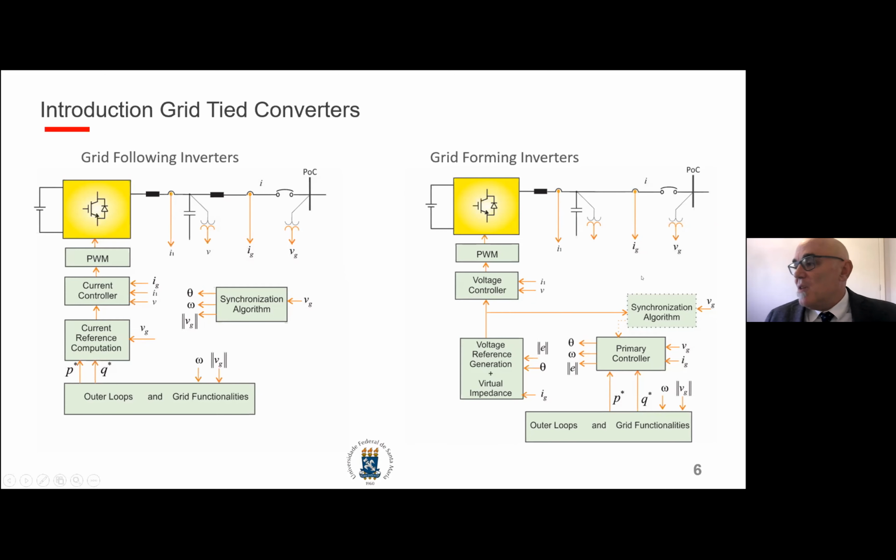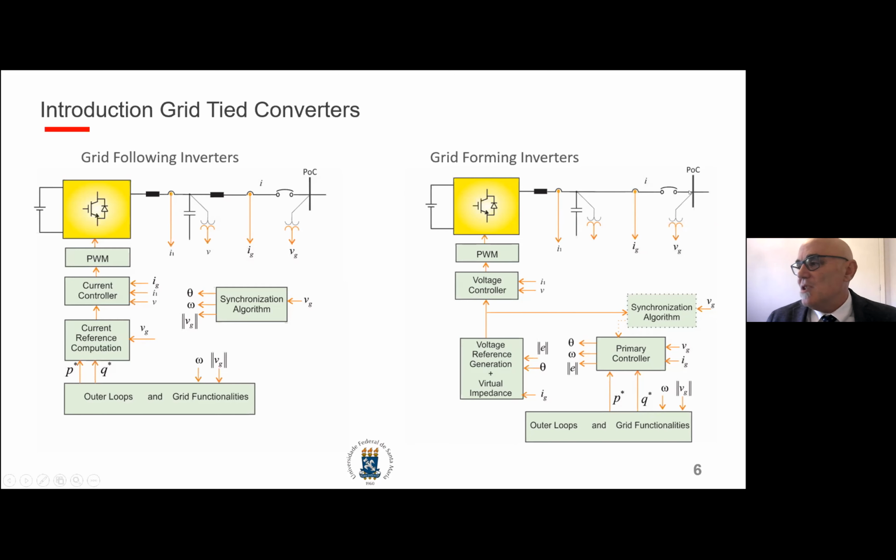In a grid forming converter, you don't have this. Of course, you can have some synchronization to connect the system, but you don't need it. So what we have is voltage control instead of current control. Again, it's possible to implement with current control, but the most popular method uses voltage control.